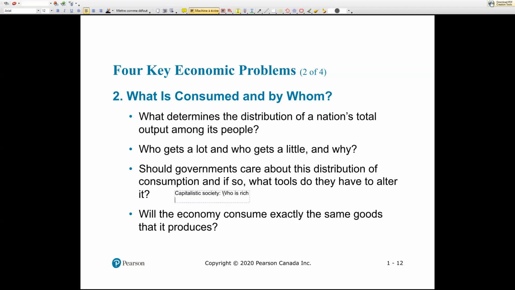Okay, thank you, sir. And if I'm in a communist society, what would that be? Well, in a communist society, everyone's supposed to have the same access to goods.